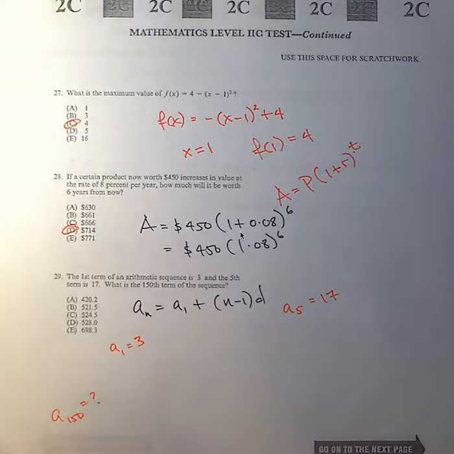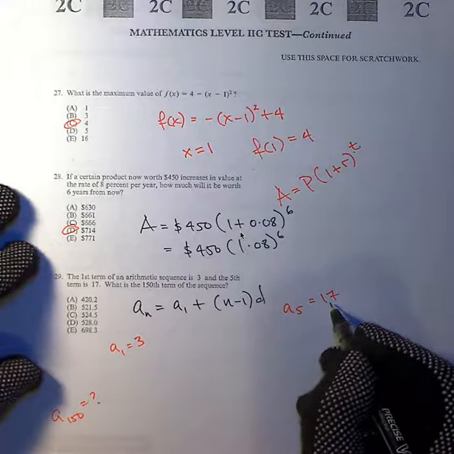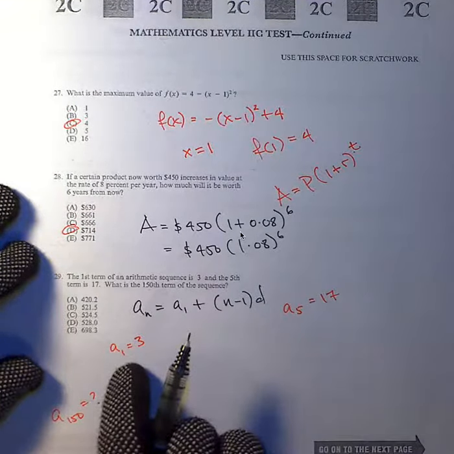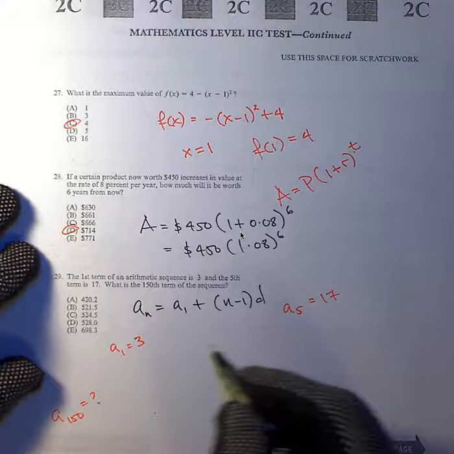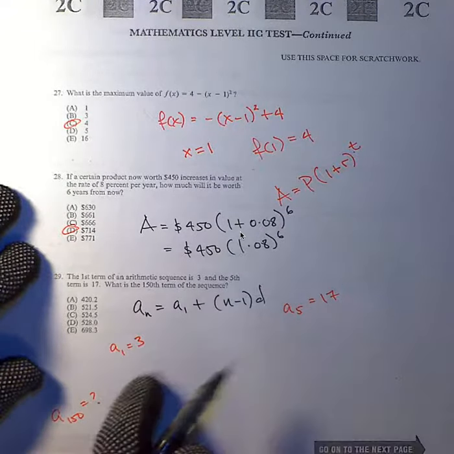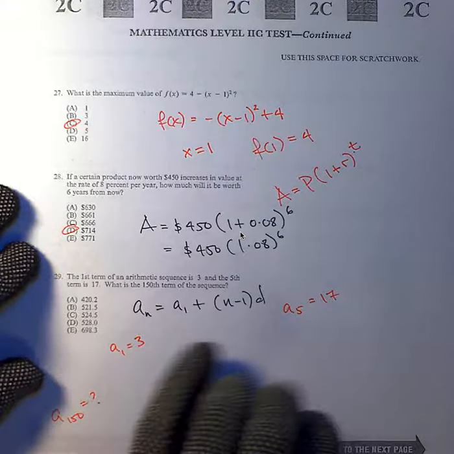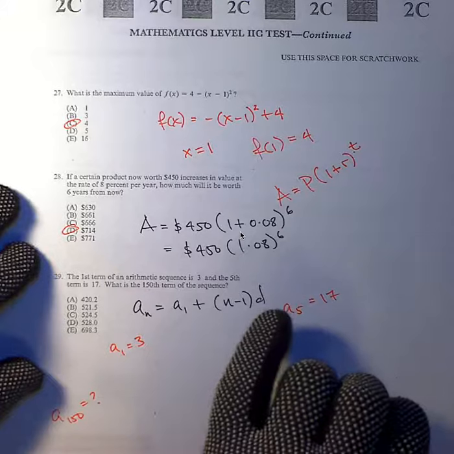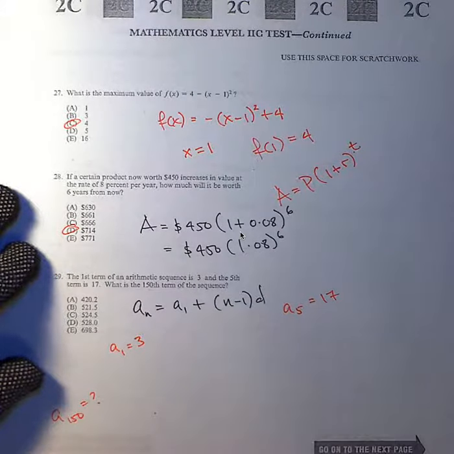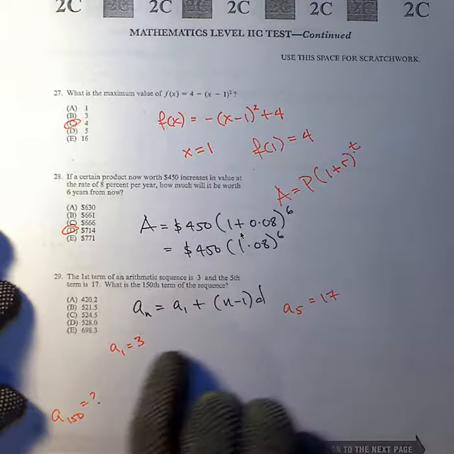So first, let's use the information about a5 and a1 to figure out what d is, because that's sufficient. If you've got two terms of an arithmetic sequence or a geometric sequence, you can always figure out the common difference, or the common ratio in the geometric case, just by knowing two terms.